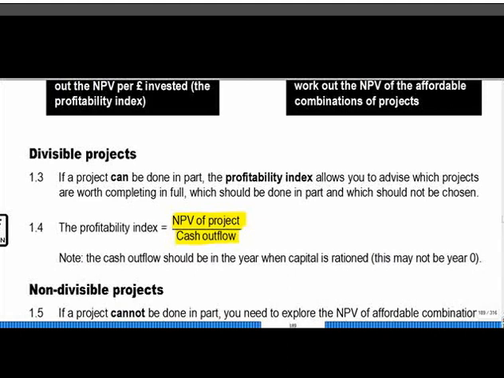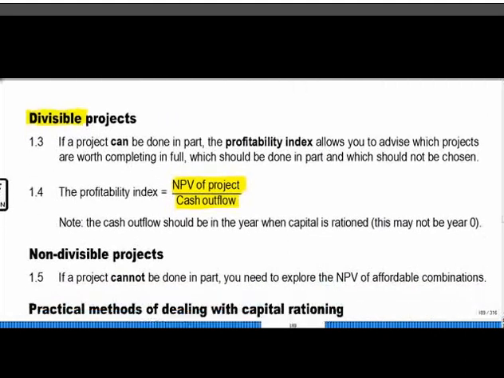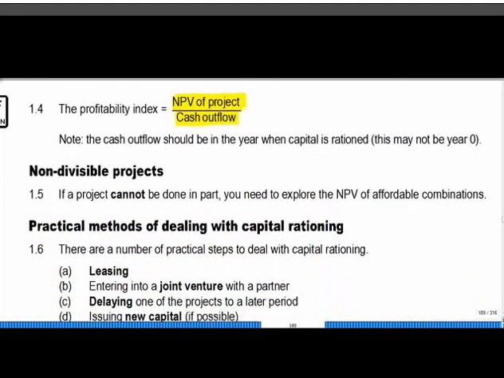We'll look at a lecture example in a moment, but basically you choose the projects that give you the best return per pound invested. This is only relevant if you've got a choice over how to invest each pound, if the project can be done in part. If the project is not divisible, then you'll simply look at all of the projects that you can afford and choose the combination that maximises your NPV.